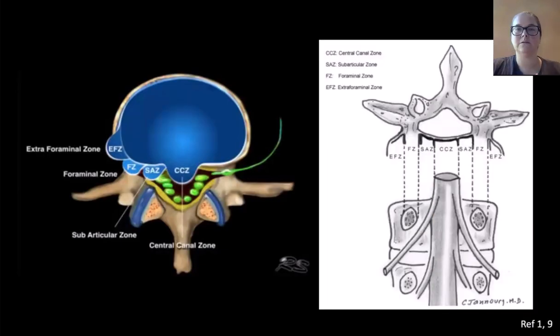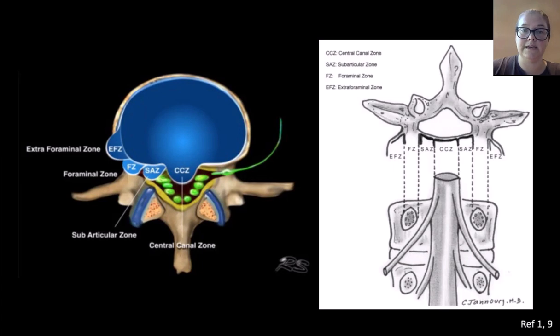All right, so localizing the disc herniation. This drawing, I think, is from Radiology Assistant, but they did talk about a standard description in the lumbar spine nomenclature paper 2.0.